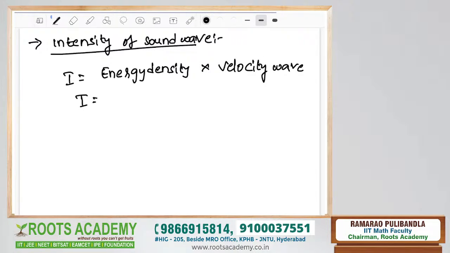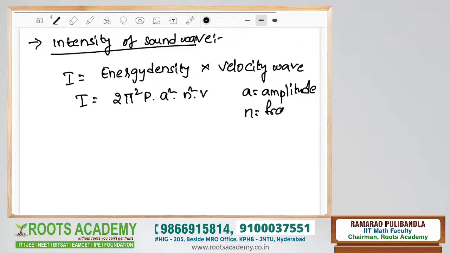So that is nothing but I is equal to 2 pi square rho into a square into n square into v, where a is nothing but, you might confuse a as amplitude or acceleration, a is the amplitude here, n is the frequency, and rho is the density of the medium. So this is the intensity of the sound wave.